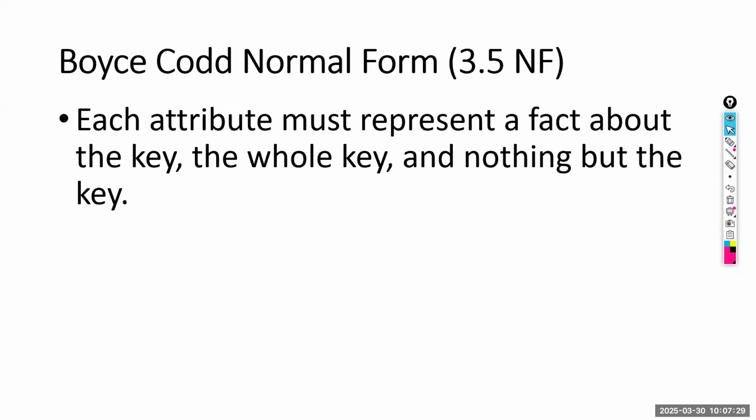Usually in database design, we care about first, second, and third normal forms. But there is something called 3.5 normal form and fourth normal form, which we very rarely care about. For your academic purposes, because it's mentioned in your syllabus, let's look at Boyce-Codd normal form. Sometimes we call it 3.5 NF because it is in between 3 and 4.